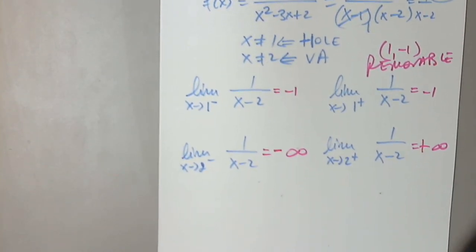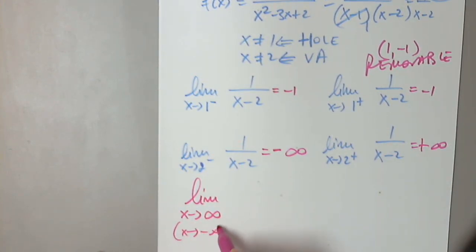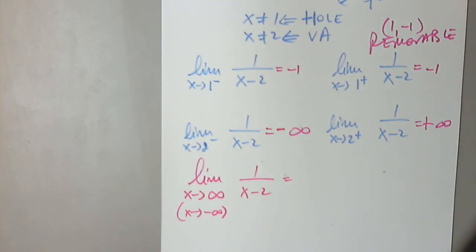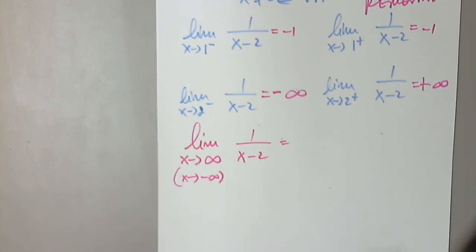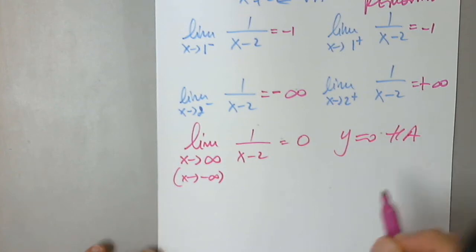One final thing I need to determine is the limit as x approaches infinity. Since it's a rational function, it's the same with negative infinity, of 1 over x minus 2. The answer is clear: 0. y equals 0, horizontal asymptote.